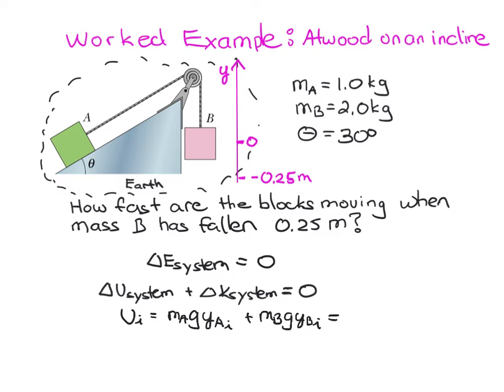And we're assuming that both mass A and mass B have y coordinates initially of 0. So the initial potential energy of the system is 0. And also, we're assuming that the masses are at rest initially, so the kinetic energy of the system is also initially 0. So we've defined things so that at the beginning of the story, the total energy of the system is 0, and it's not going to change, so the total energy of the system will remain equal to 0 throughout the motion.